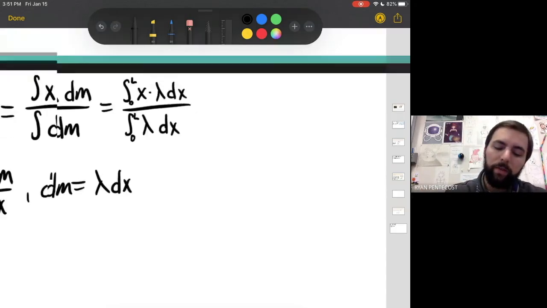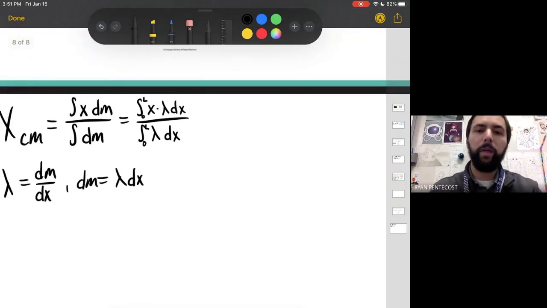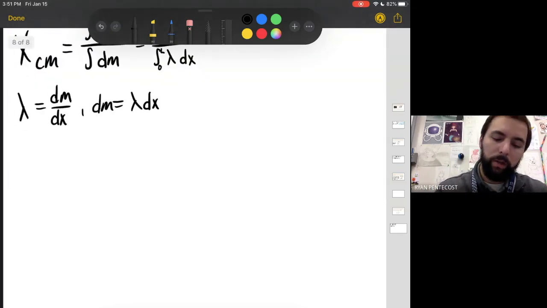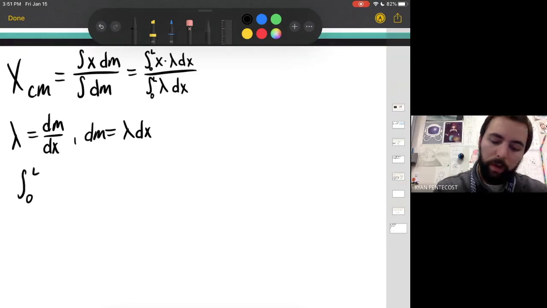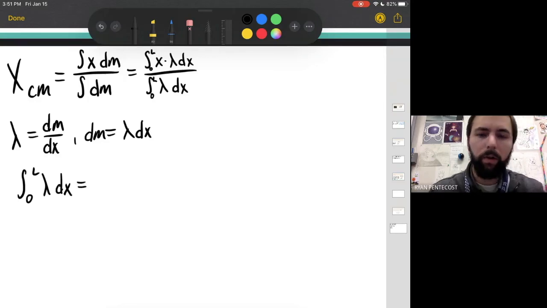Now, if you have these two integrals divided, it is going to be easiest to do the integrals separately, then put in the answers and simplify, instead of trying to jump the gun and do it at the integral stage. So let's do the bottom one first. It is going to be the more simple one. You've got the integral from 0 to L of lambda dx. Okay. So if you have the integral of a constant with respect to a variable, and the variable is not present, you will just multiply in that variable.